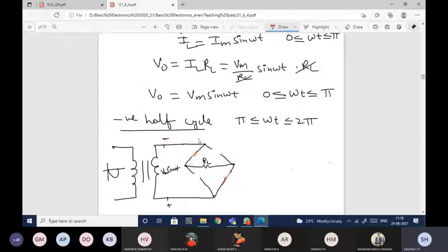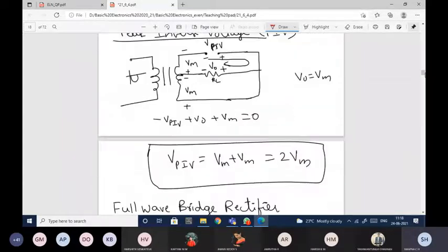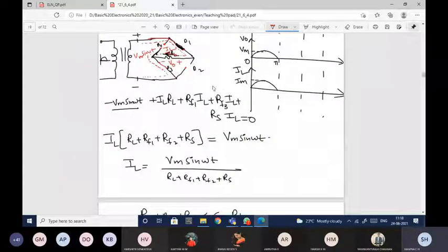So if you observe, D1 and D3 are reverse biased and D2 and D4 are forward biased. In the positive half cycle, it is different: D1 and D3 are forward biased, and D2 and D4 are reverse biased.